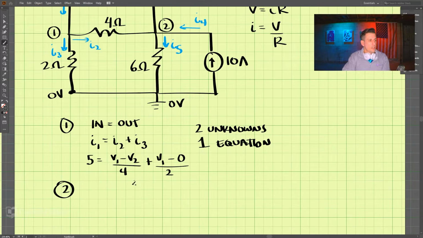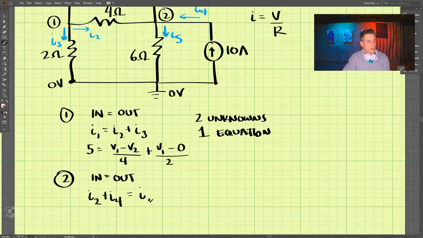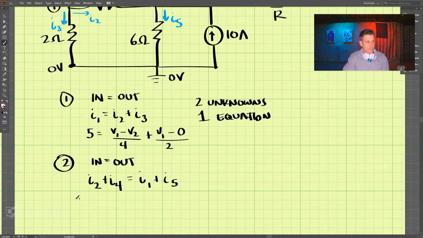So let's do our equation. In equals out. Coming in, we have I2, I4, and going out, we have I1 plus I5. I2, remember, is V1 minus V2 divided by 4.